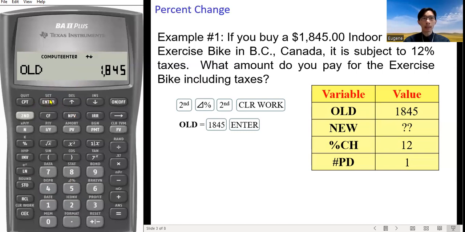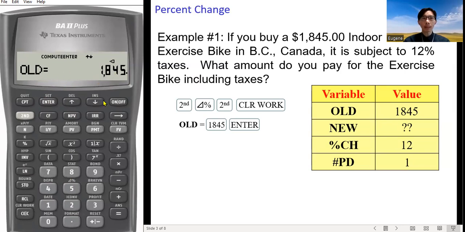The enter key is here at the top of the calculator. So press enter. Once you press enter, you can see the equal sign. So this indicates that this number 1845 is already input as variable old.